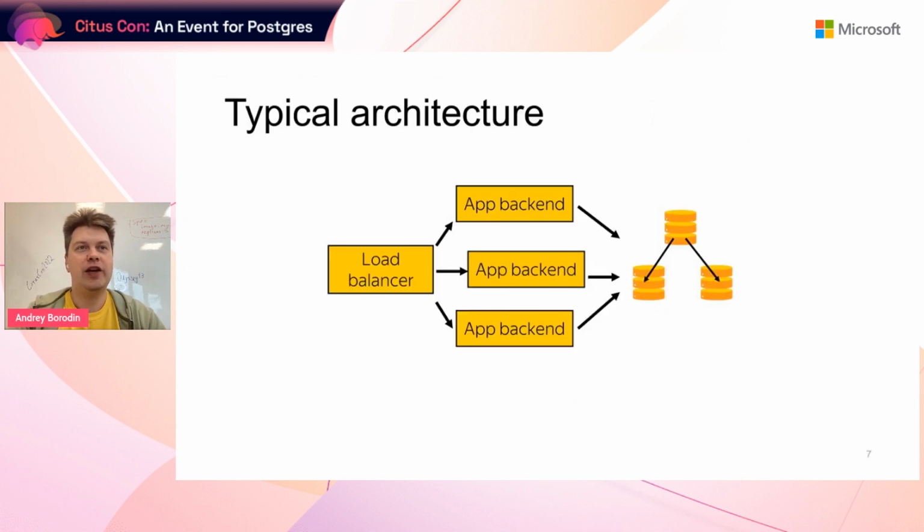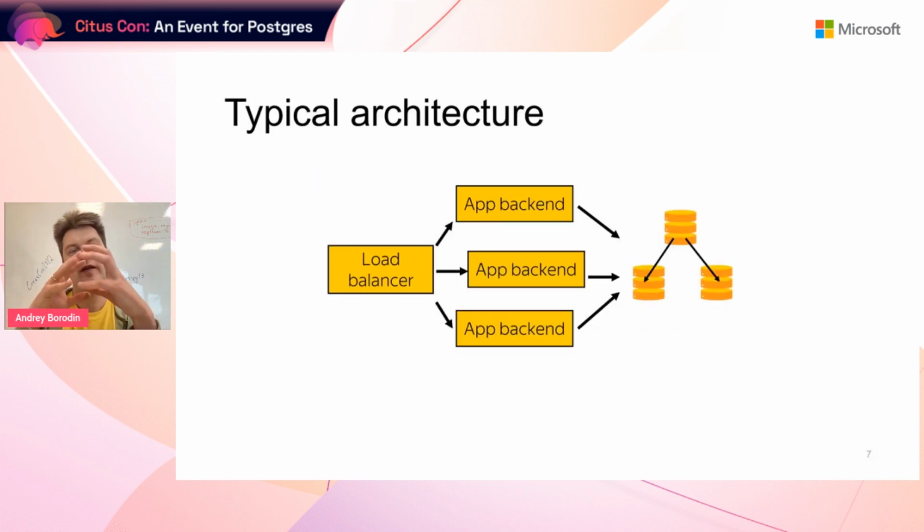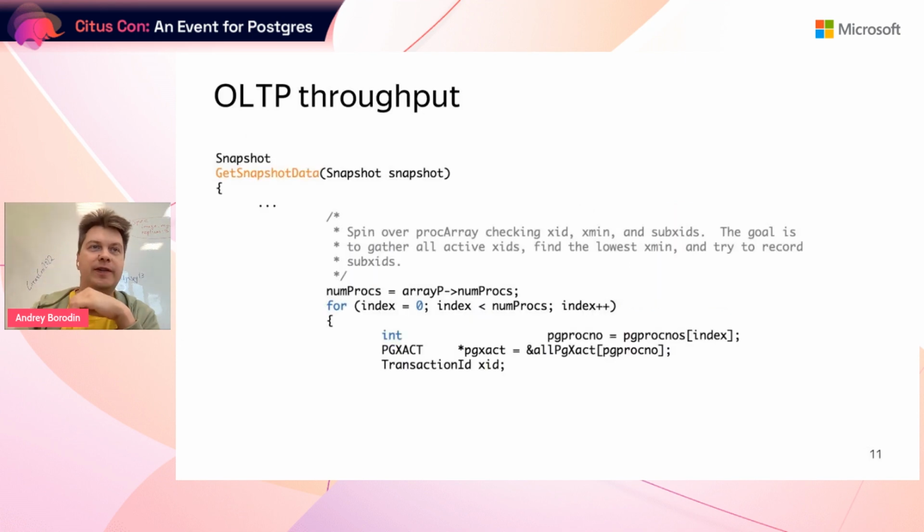A typical application has a load balancer on top of many application backends, and each application backend has its own connection pool on the application side. That's why we typically have a lot of connections going to the database. Postgres is an OLTP database.